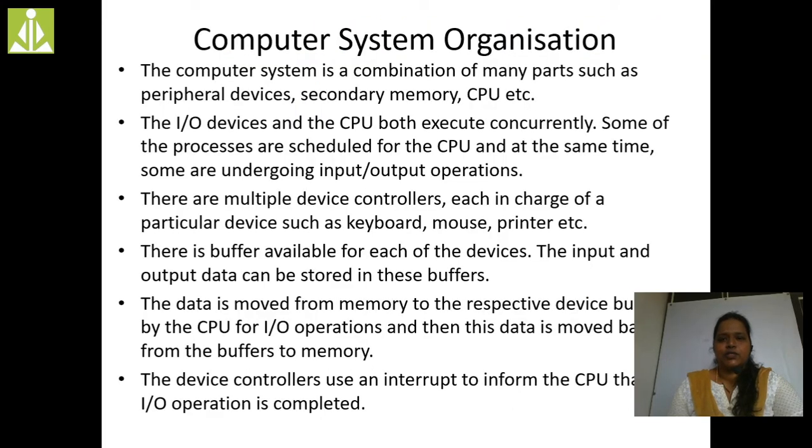Computer system organization. As we all know, we have studied in computer organization that the main important parts of a computer are the CPU, IO devices, the memory, and the control unit. So these are the main important parts of a computer system. How are these devices useful in order to accomplish a specific task?